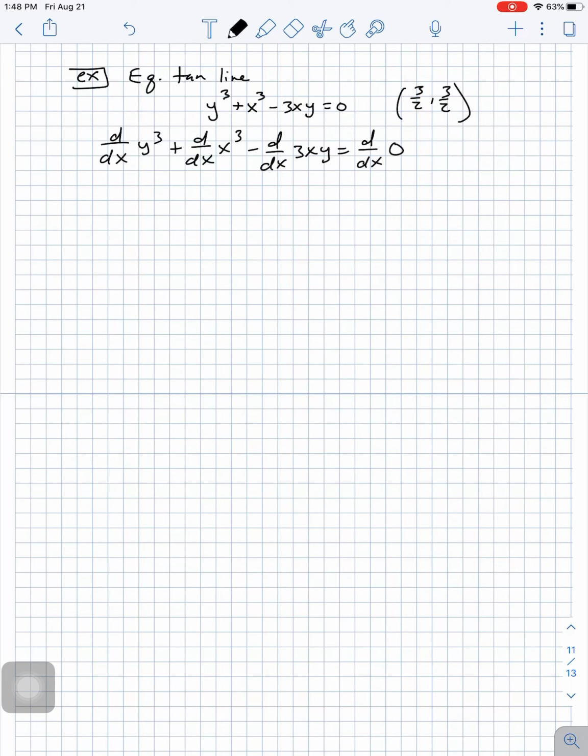For formality's sake, we are taking the derivative of the right as well. Derivative of y cubed, chain rule. Derivative of the outside function evaluated at the inside function times the derivative of the inside function. Okay, next term, also a chain rule. Derivative of the outside function evaluated at the inside function times the derivative of the inside function, which is 1.